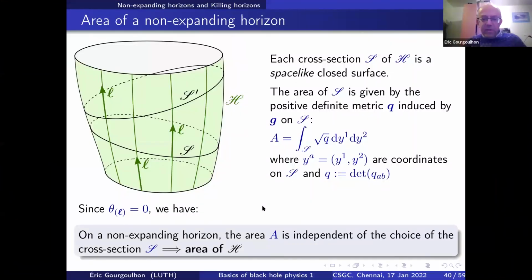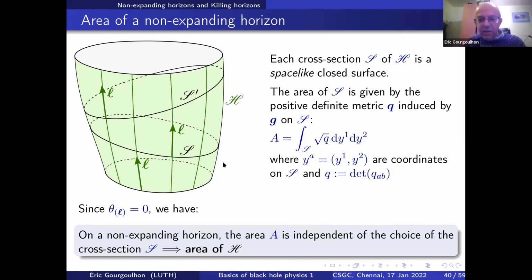So during this first lecture on Monday, we saw that the area of the cross-section of the non-expanding horizon, of which the event horizon of a black hole in equilibrium, like the Kerr black hole, is a special case, is defined by the standard formula. We take the induced metric, the area element, the square root of a determinant, and we take the integral, which defines the area, because this is a positive definite metric.